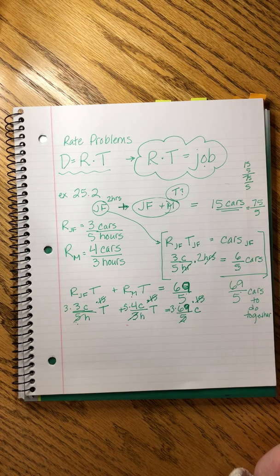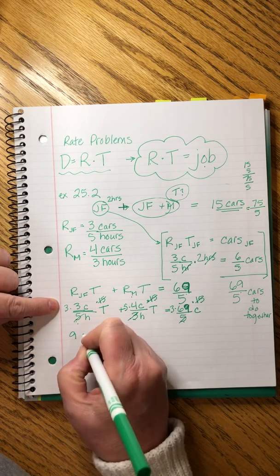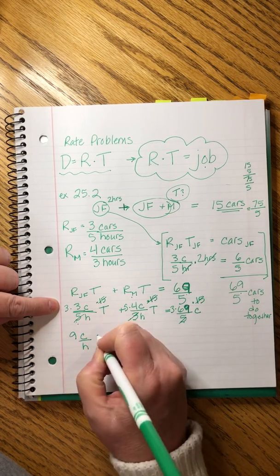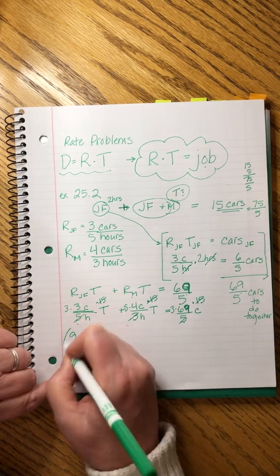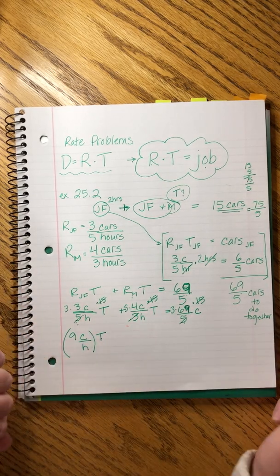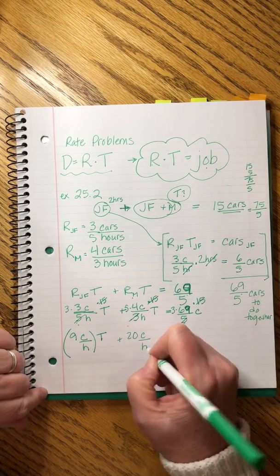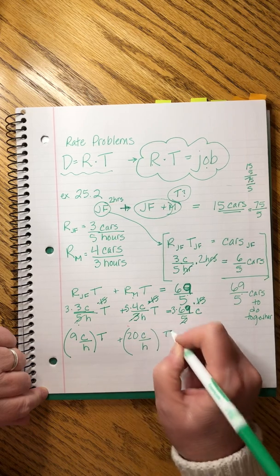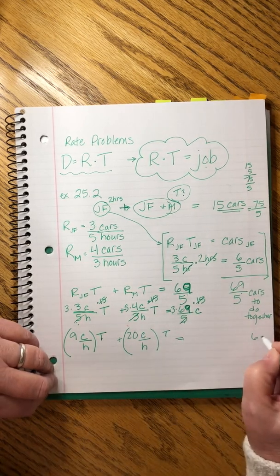So now, this will be 9 cars per hour times the time. I'm going to put parentheses around that because otherwise it looks really confusing. Plus 20 cars per hour times the time equals, and what's 69 times 3?